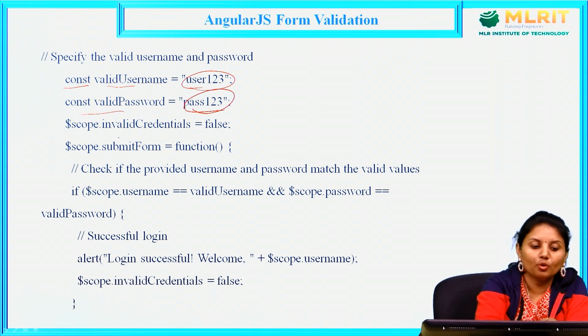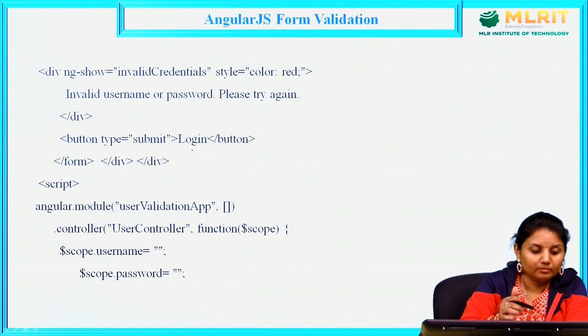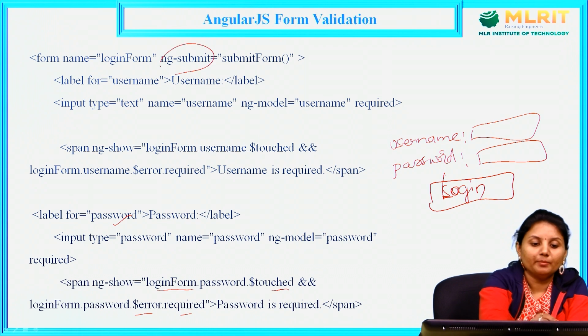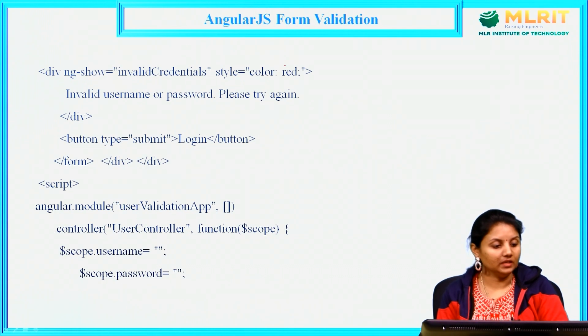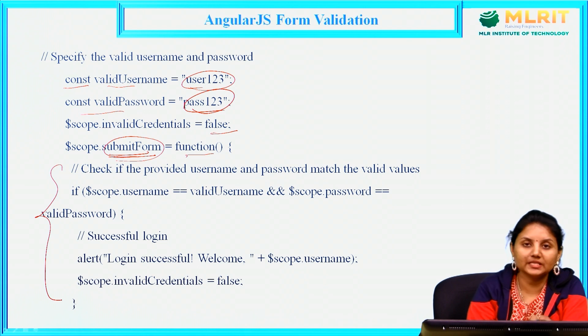Now here $scope.invalidCredentials is false, and the submitForm function. What is submitForm here? We have given it for ng-submit, so that submitForm is bound here with this scope. This function is going to execute. What is there in this function?